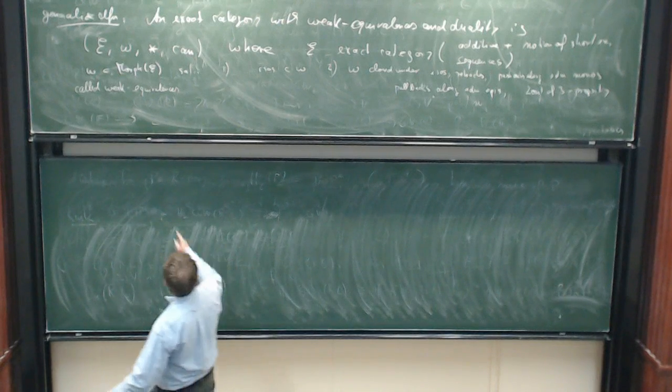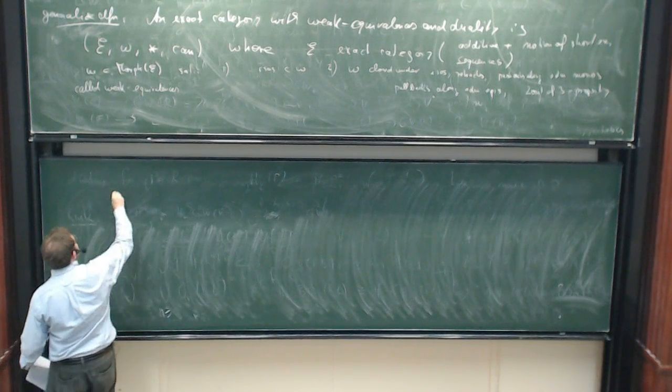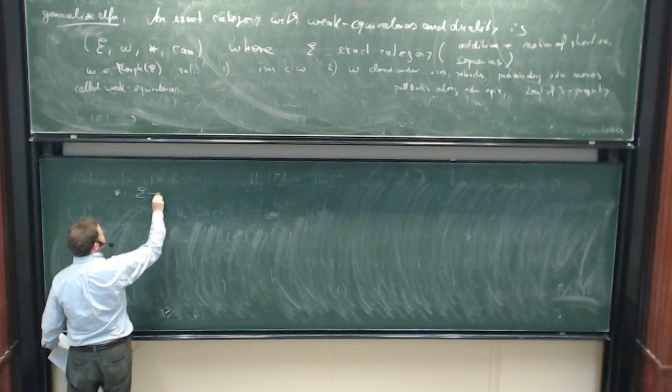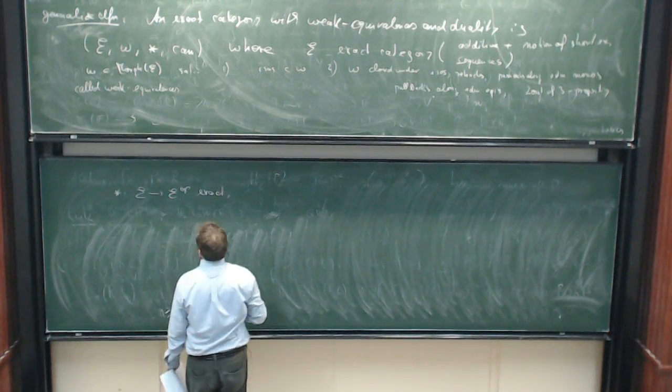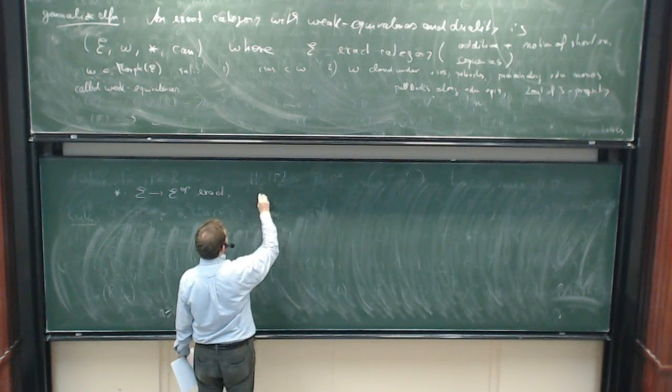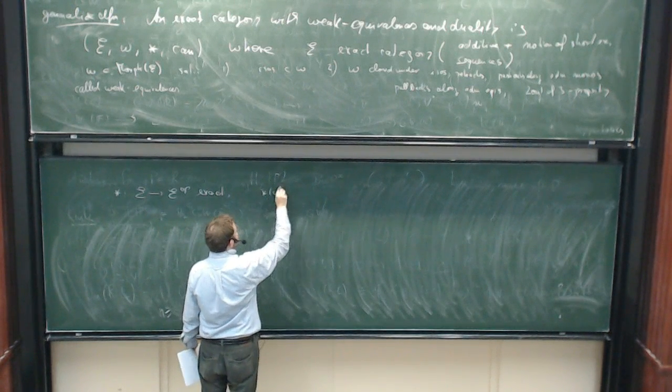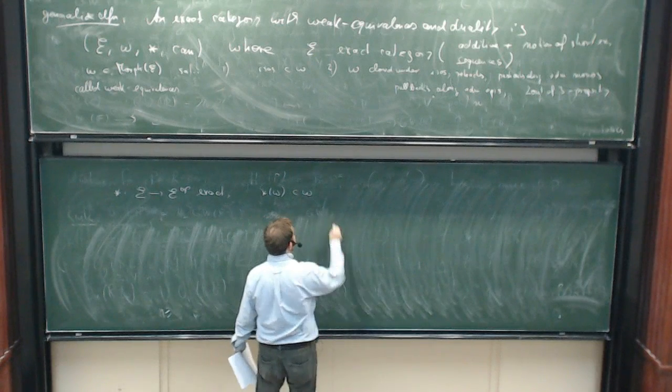Now, I've explained that W star is an exact functor, such that it sends weak equivalences into weak equivalences.